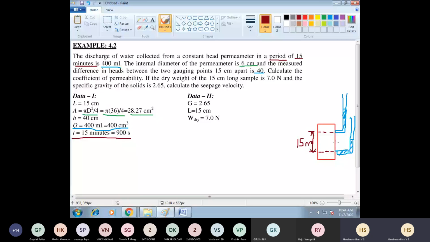The distance between 2 points is 15 centimeters. Next, the difference in head is 40 centimeters. The difference in head is the manometer or the piezometer inserted here; the head is up to this level, and here the manometer is inserted at this point, the head is up to this level. So it is 40 centimeter.